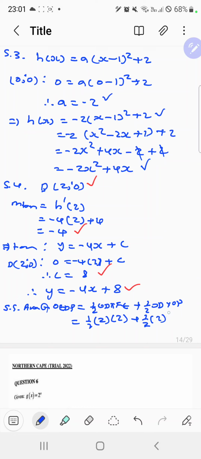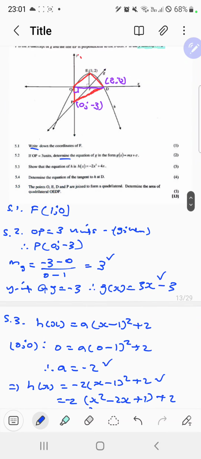It's 2 units, this time it's 3 units, and then of course 2 cancels 2 there, and 2 cancels 2 there. So this is basically 2 plus 3, which is 5 units squared.